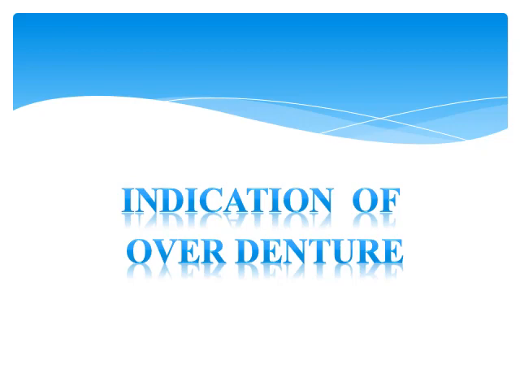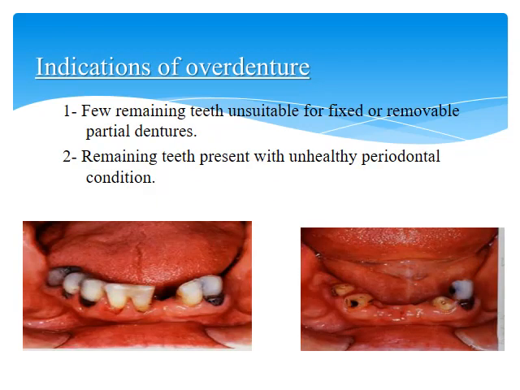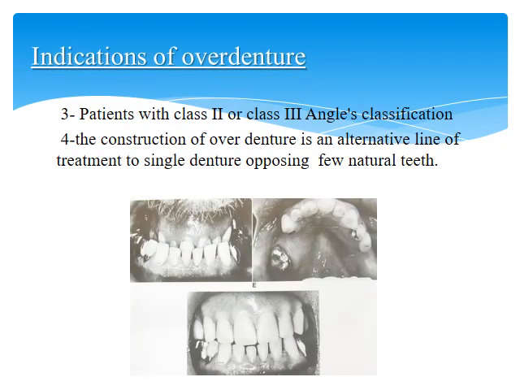Indication of overdenture. The indications of overdenture: first, few remaining teeth unsuitable for fixed or removable partial dentures. Second, remaining teeth present with unhealthy periodontal condition. Third, patient with class 2 or class 3 angles classification.